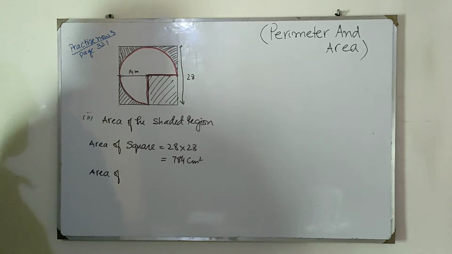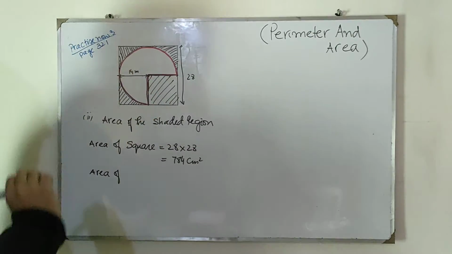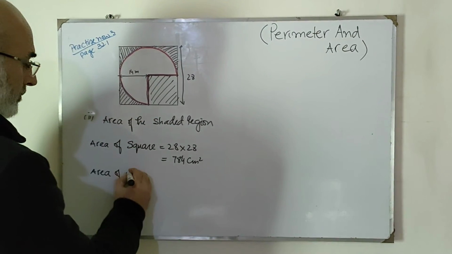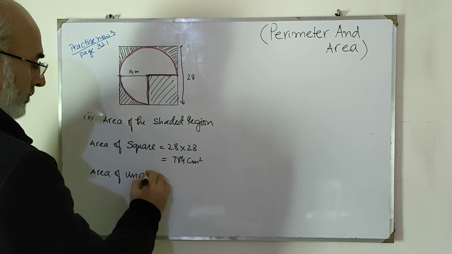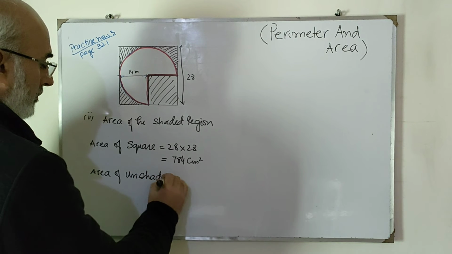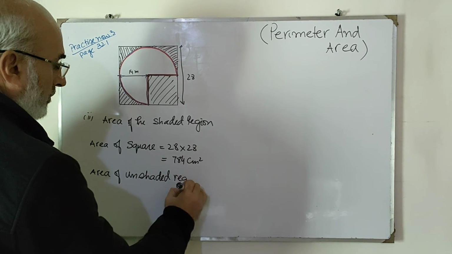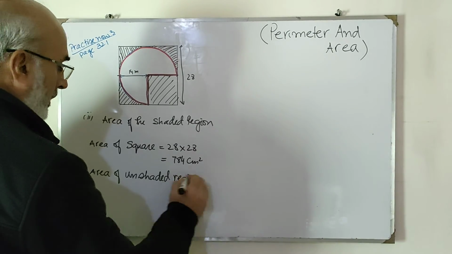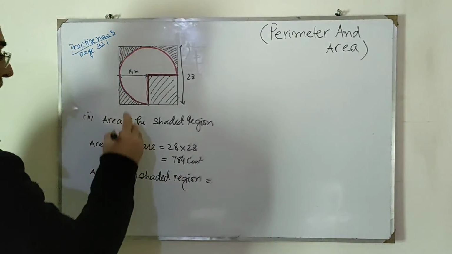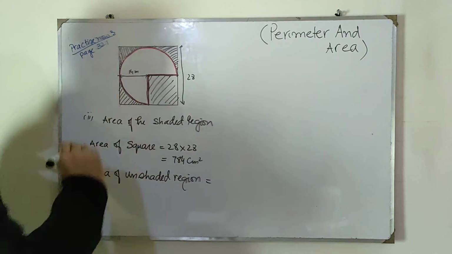Right. Now area of this unshaded region, which is equal to area of the semicircle.